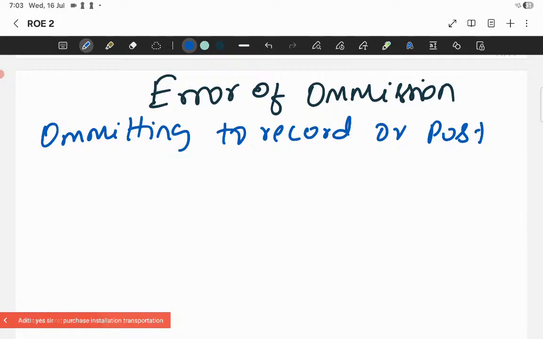Nobody able to define? What is error of omission? Yes, when errors are partially or fully omitted. We don't omit errors; we omit to record or post transactions.